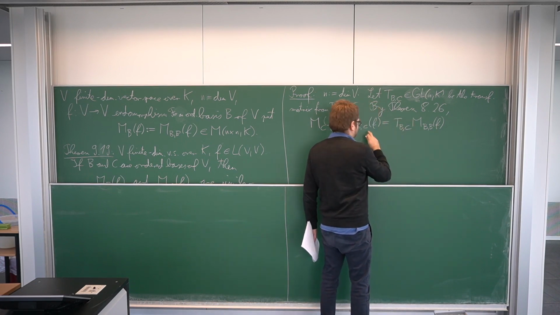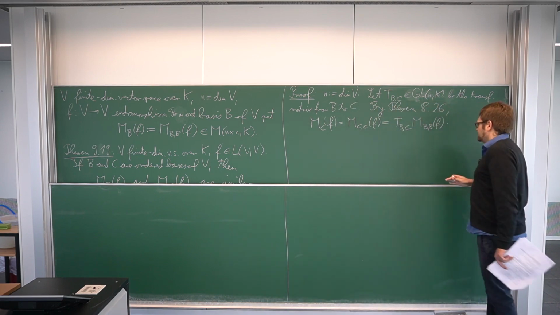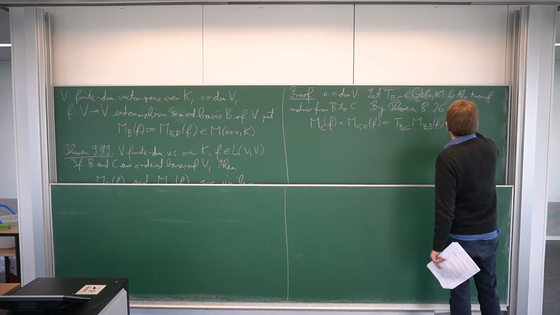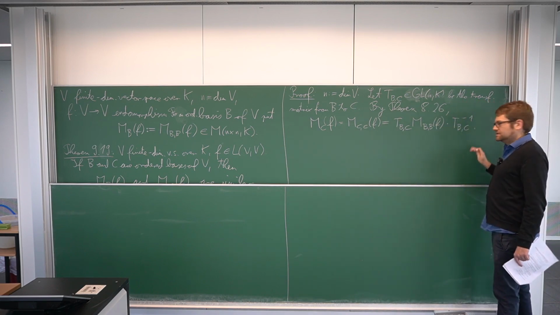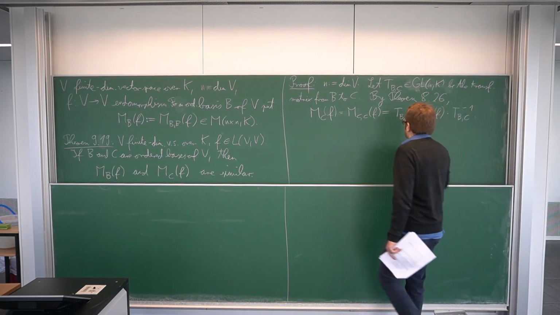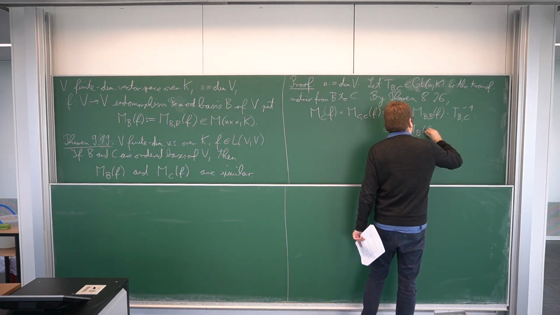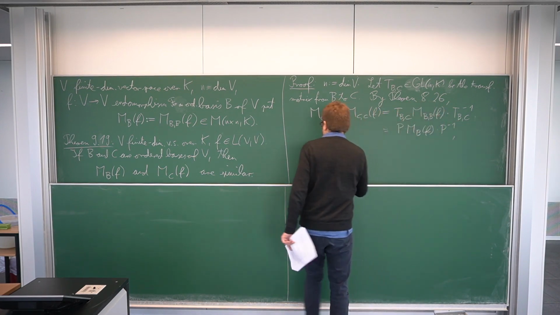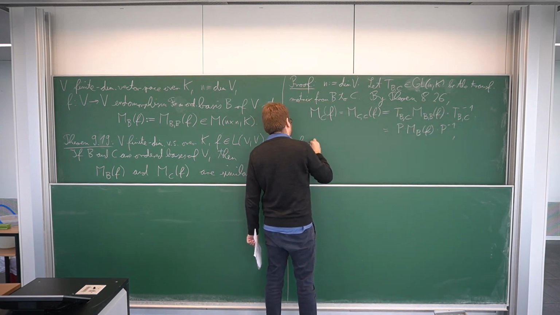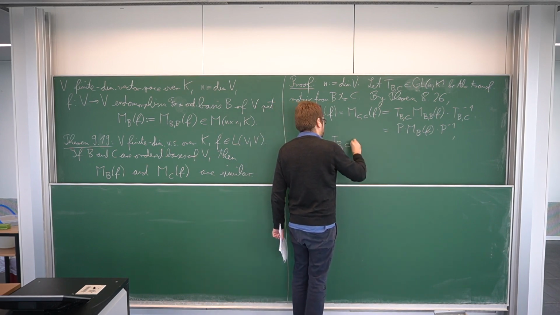And here we also have B and C, so we need to multiply from the right with the inverse of the matrix which goes from B to C. So T_BC to the minus 1. This was precisely that theorem. And this now looks like P MB of F times P to the minus 1, where we just put P to be this transformation matrix. And this is all we needed to show.